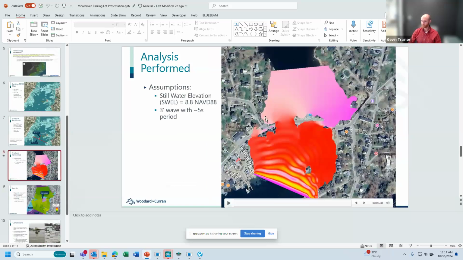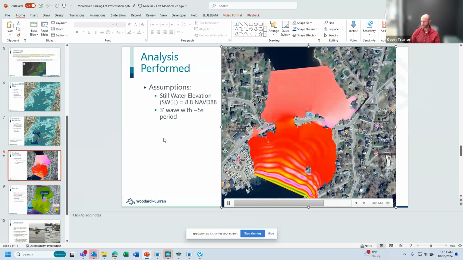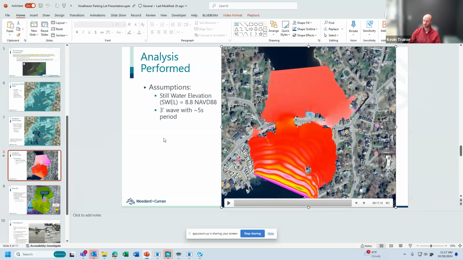So I just have a very brief animation of what we're talking about. For the purposes of this, we're using from the flood insurance study a 100-year still water elevation of 8.8, which is about 4.5 feet of surge over the mean high water.